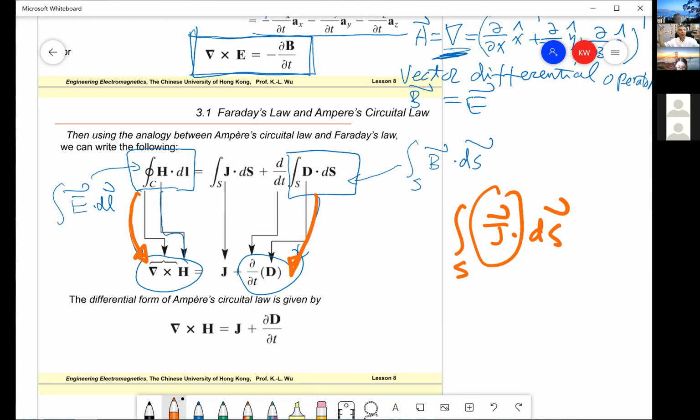When we shrink the surface to the point, this is just a charge density. So we can very straightforwardly convert Ampere's law into the differential form.